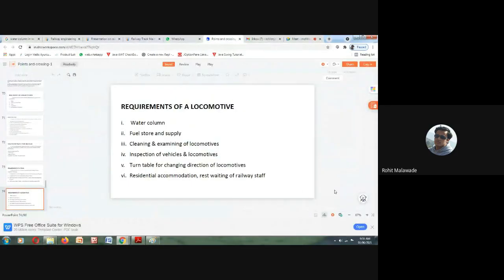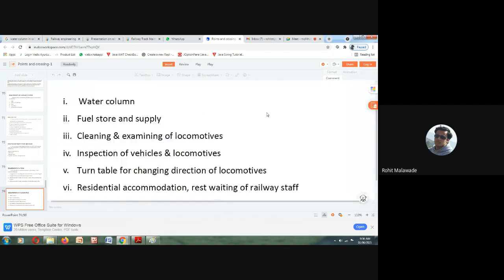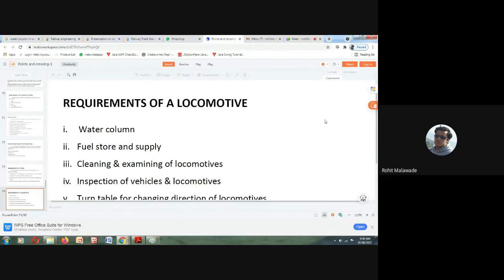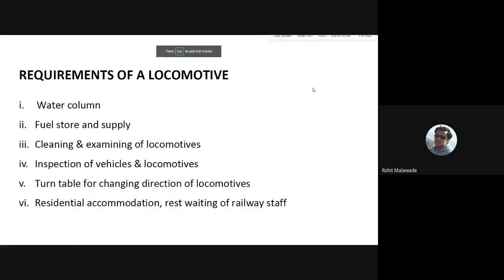Then we should have an adequate quantity of fuel store, and the supply facility should be there. Then cleaning and examining of the locomotives. If you want any kind of maintenance work, that should be done at your stations.